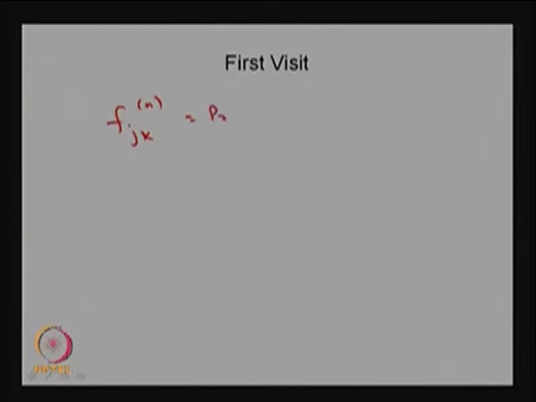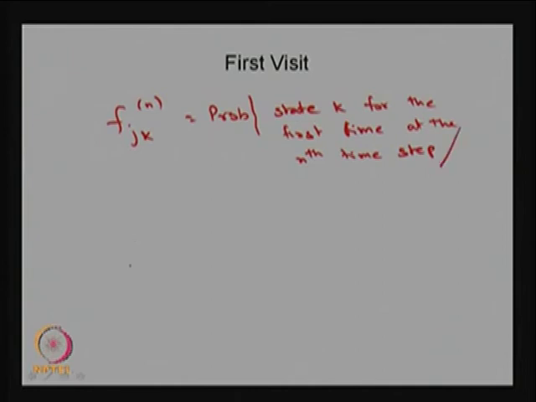That means, what is the probability that the system reaches the state k for the first time, that is important, for the first time at the nth time step, given that the system starts in the initial state j.